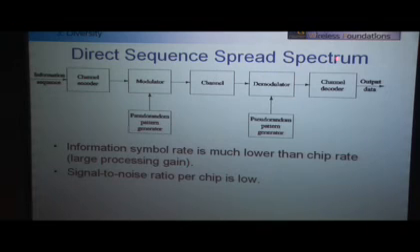However, if you just think about it from a single user point of view, it's very wasteful, because I'm using 1.25 megahertz to send 9.6 kilobits per second. This is very expensive. So obviously, I'm not doing this for one user. I'm doing this for many users. So in some sense, CDMA only makes sense from a multiple access point of view. That is, you're using a lot of users to share this bandwidth.